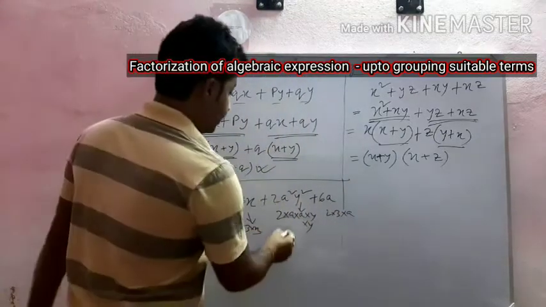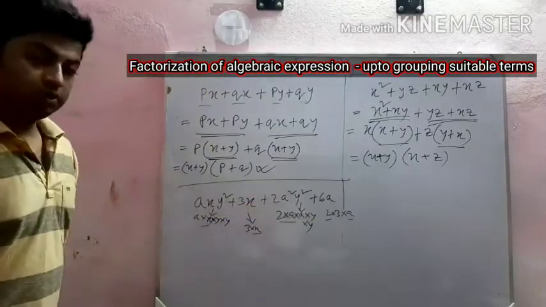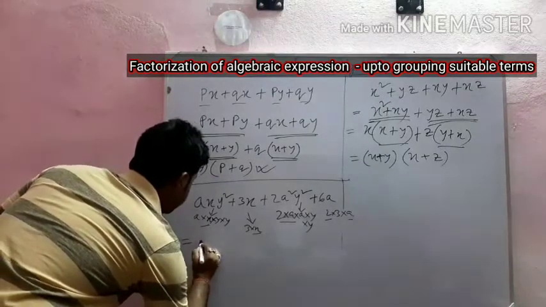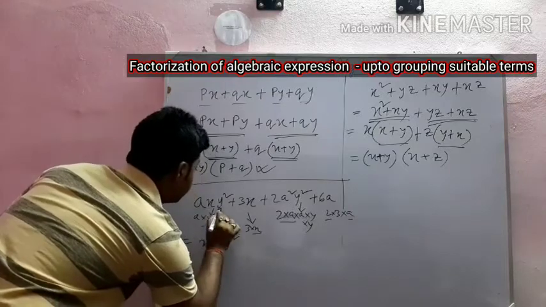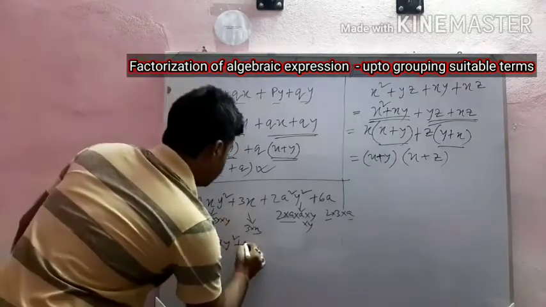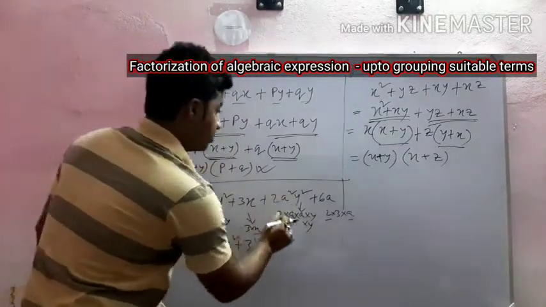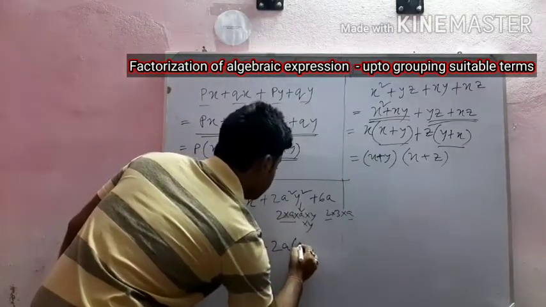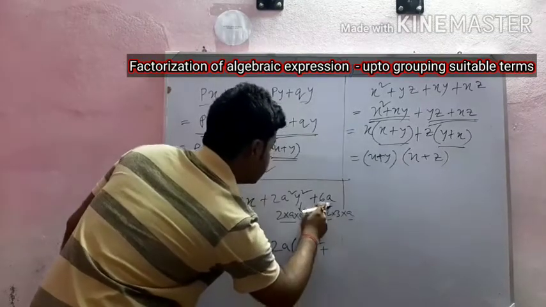From here I can take 2a as common from these two terms, right? So take the common x, the remaining part is ay square, and here the remaining term is 3. From these two terms, if I take 2a as common, it will become 2a into ay square plus 3.